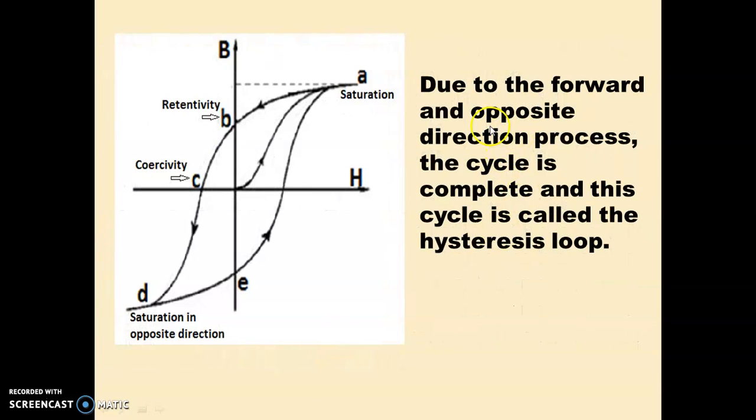Then it goes on increasing, back to this particular point A, when we increase the magnetic field. There is a forward process initially, and then the reverse process.